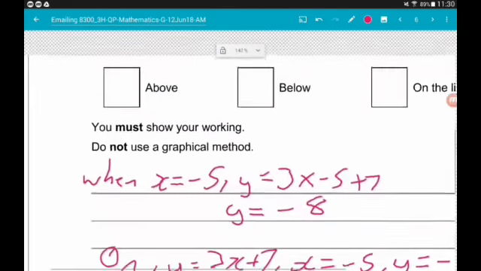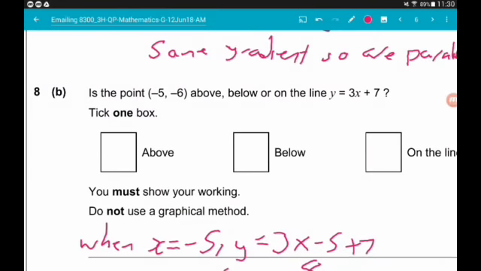So we definitely know that (-5, -6) does not lie on the line. Now, what we're looking at is the y coordinate of this point. So the y coordinate here is minus 6.